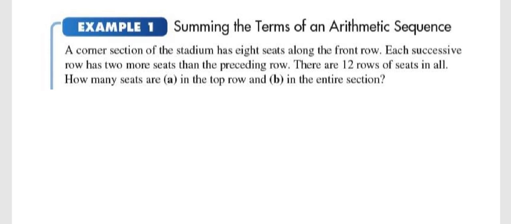All right. A corner stadium has 8 seats along the front row. Each successive row has 2 more seats. There are 12 rows, so n is equal to 12. How many seats are in the top row?